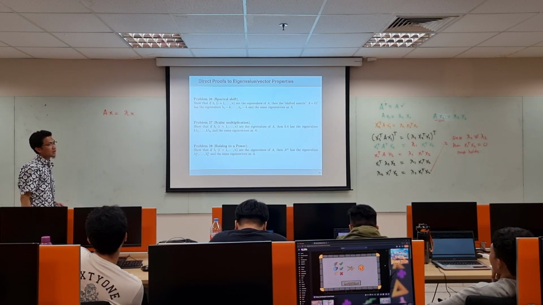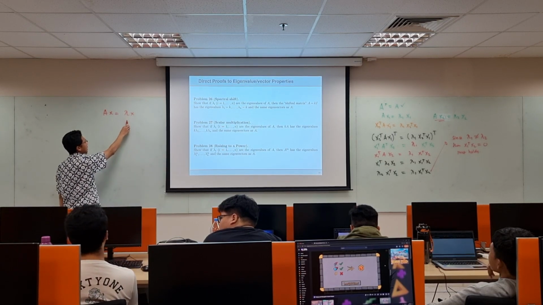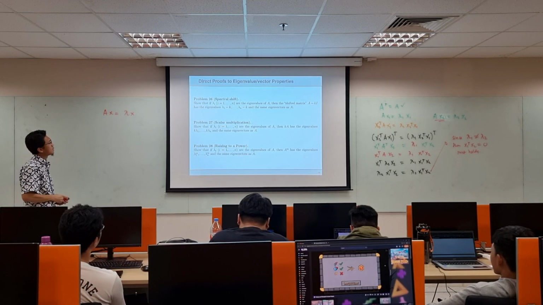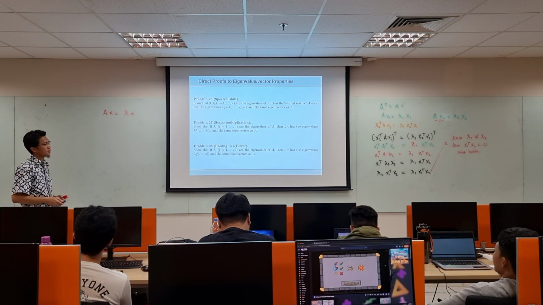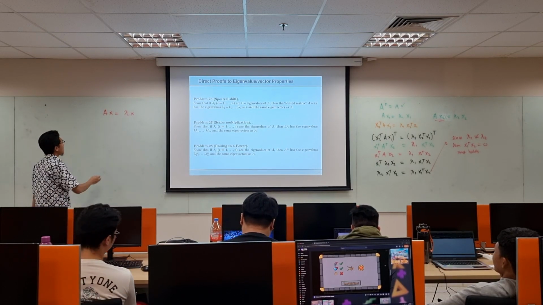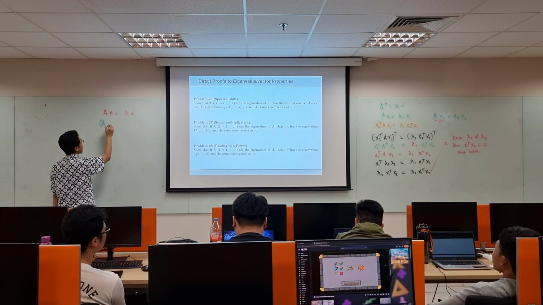Okay, we know that in this case the lambda is the eigenvalue of A, right? Yeah. Then we shift the A to A minus KI.